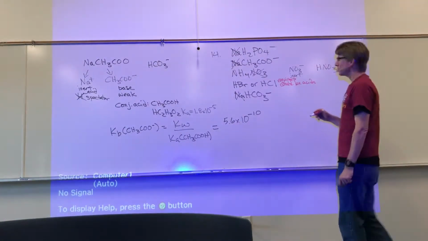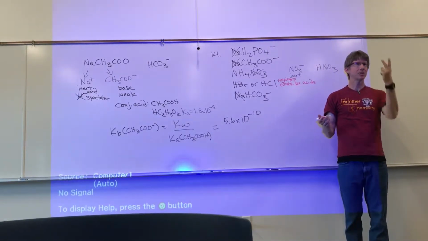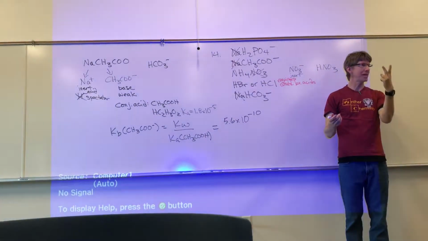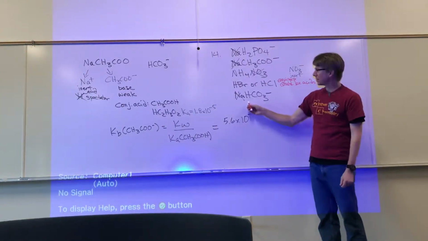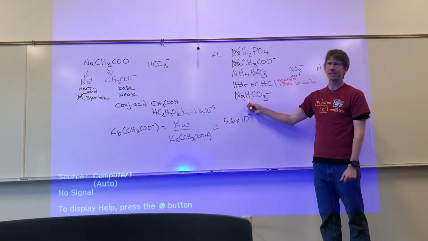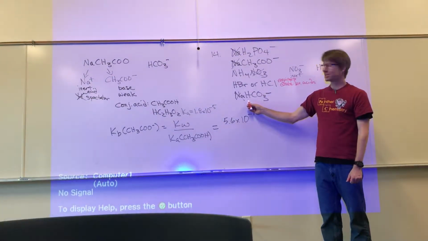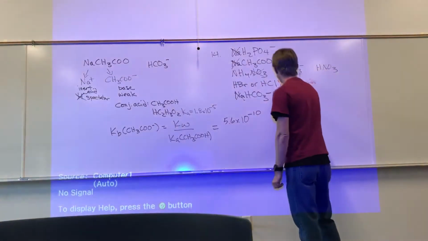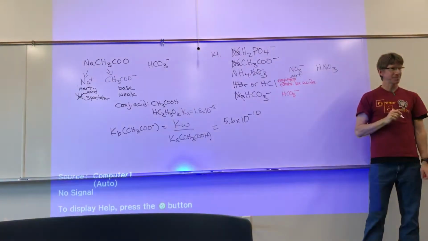Now, I will tell you that whether you know this or not, there are two hints that you can use to tell things that can be acids from things that can't. One is they will have an H in the front, even if they're a negative ion. So HCO3 minus can be an acid.